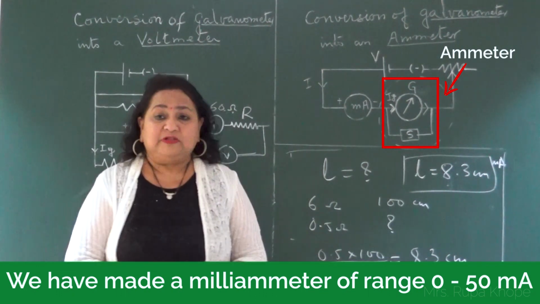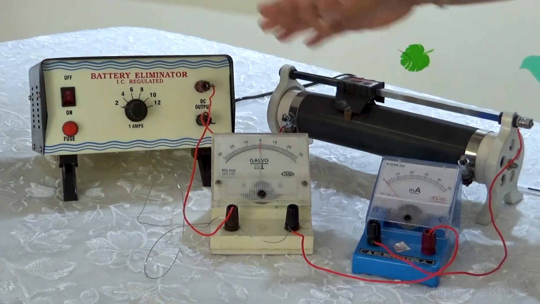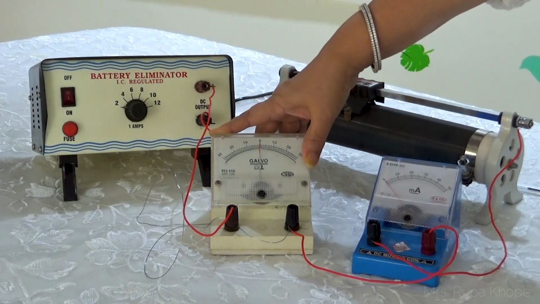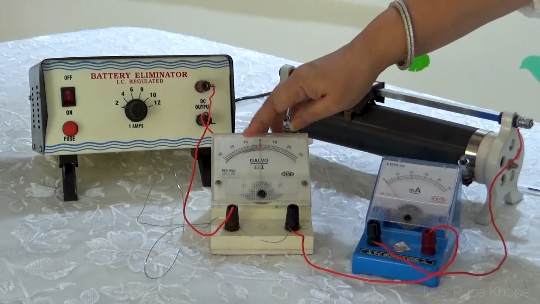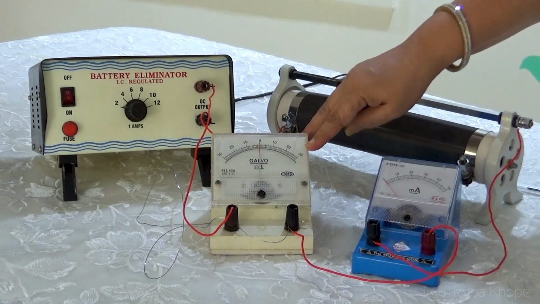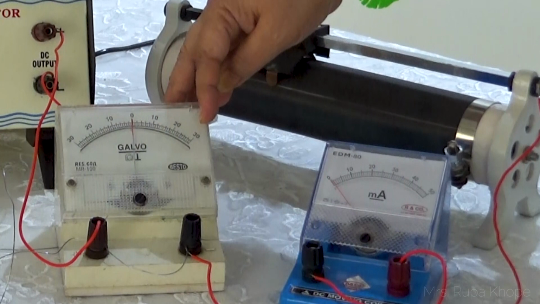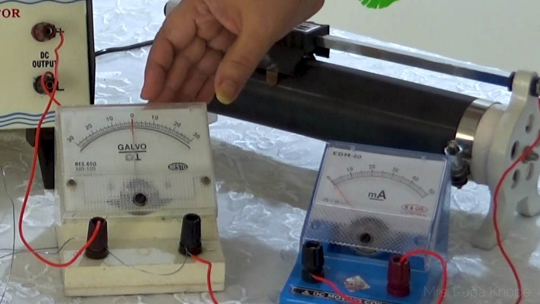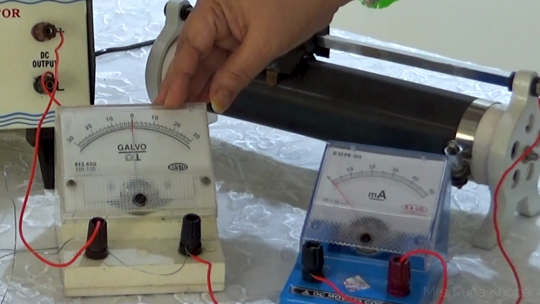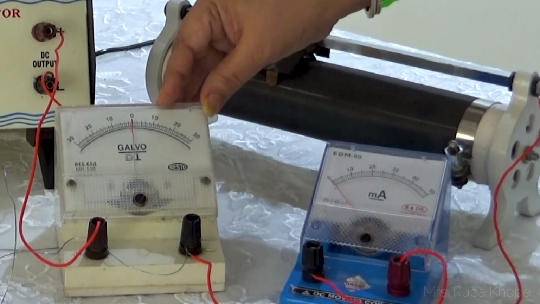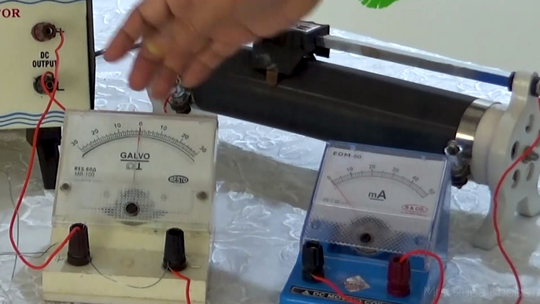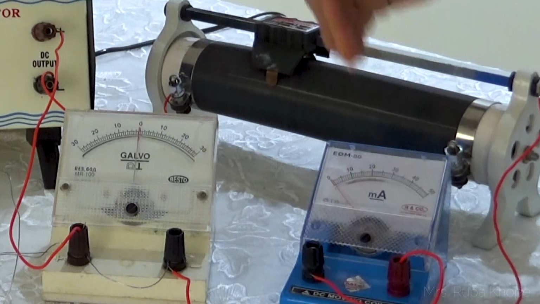Let's start with the experiment now. We are converting this galvanometer into an ammeter in the range of 0 to 50 milliamps. So 30 divisions means 50 milliamps. Look at the scale: 6 divisions will become 10 milliamps, 12 divisions will become 20 milliamps. Like that it will go on and we will see the readings.